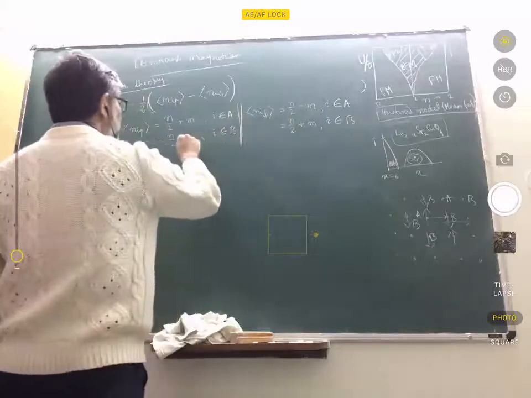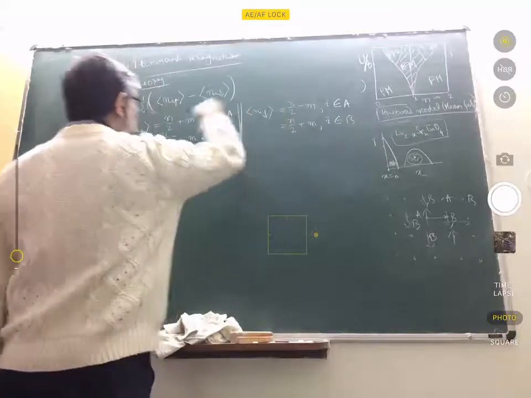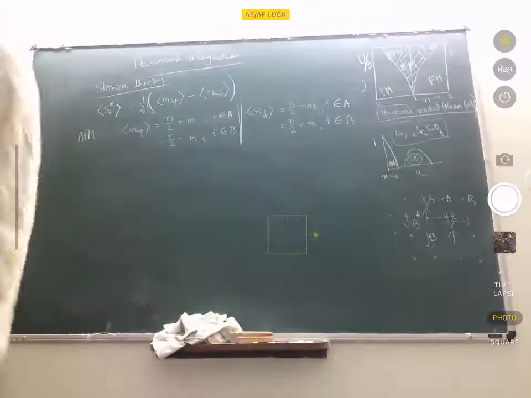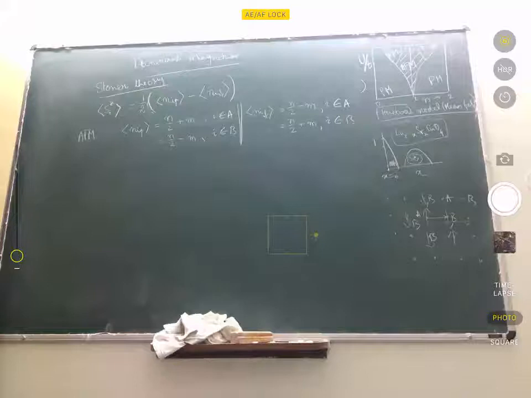And on the B sublattice side, there are more down spins than up spins by an amount m. So m is the sublattice magnetization. So this is how you can represent an antiferromagnetic ordered system.